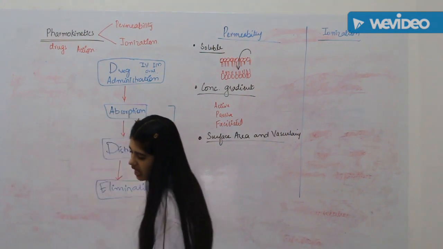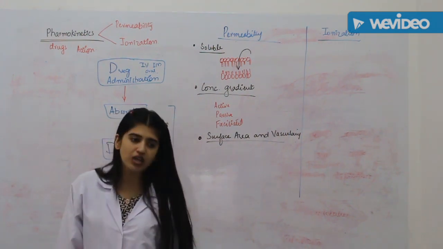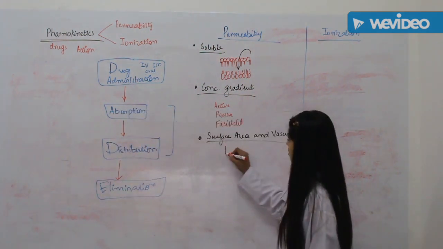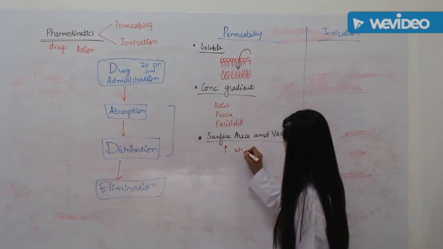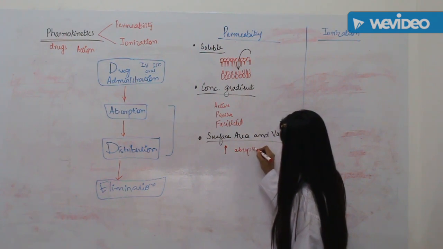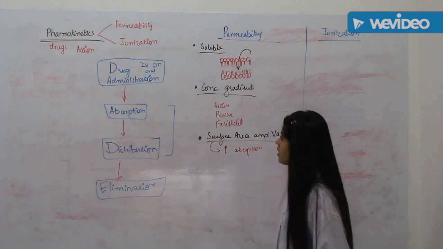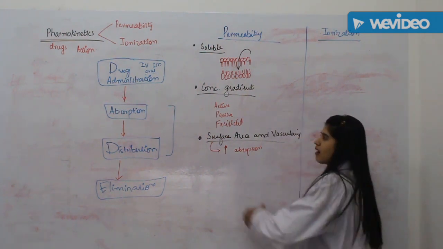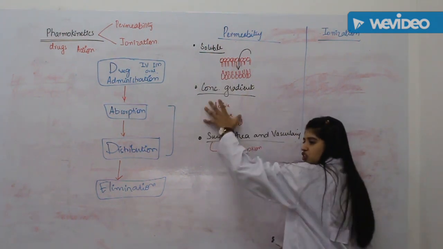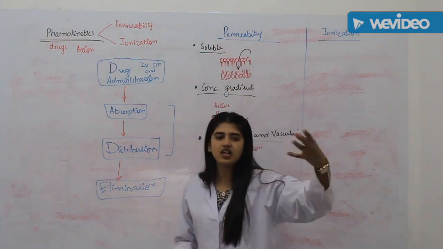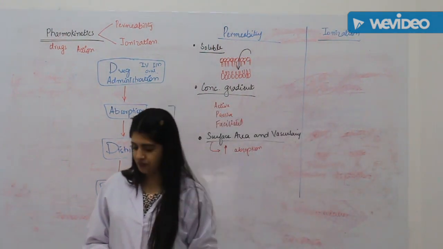If the surface area is larger and the vascularity is greater, then the drug is absorbed more. So permeability is about the solubility of the drug, the concentration gradient, and the surface area; these are the three conditions of permeability.